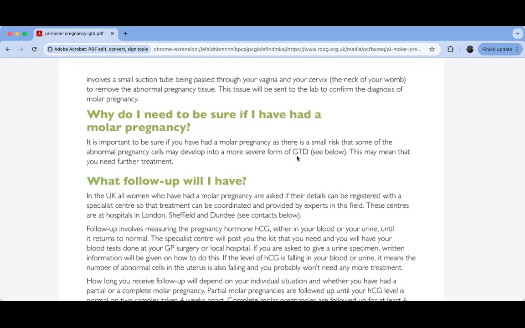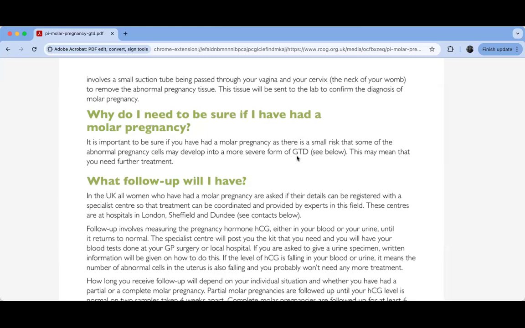Now I want to tell her that there is risk of developing abnormal GTN. Okay, so it's important to be sure that if you have a molar pregnancy, there is a small risk that some abnormal pregnancy cells may develop into a more severe form of that disease.